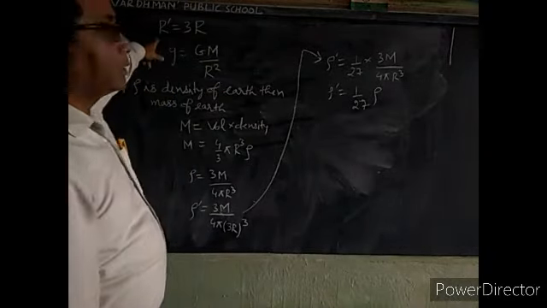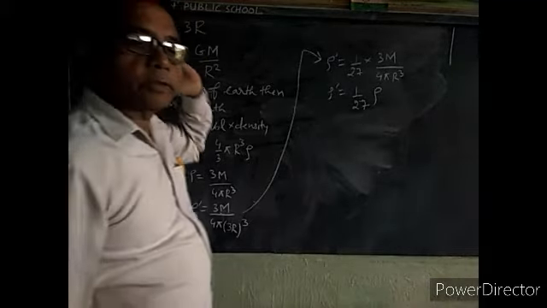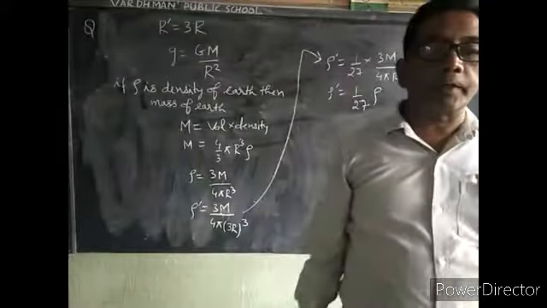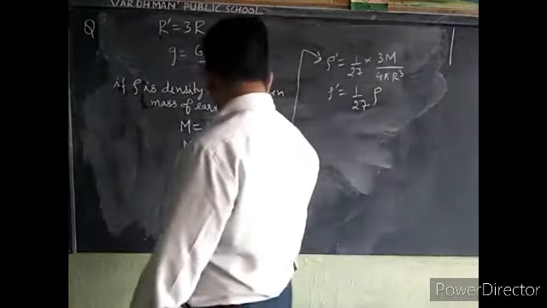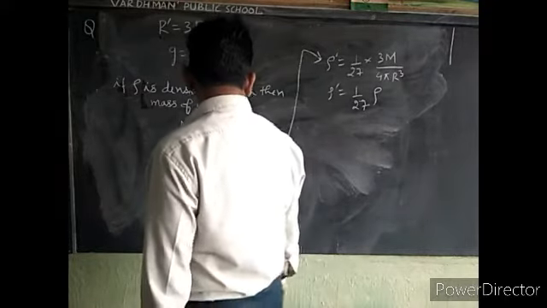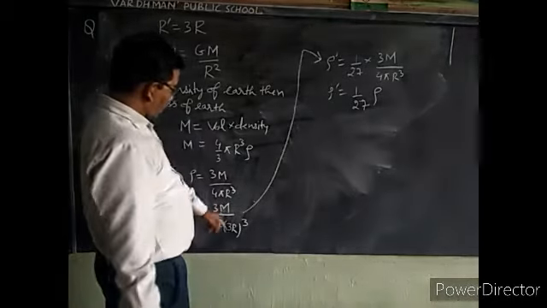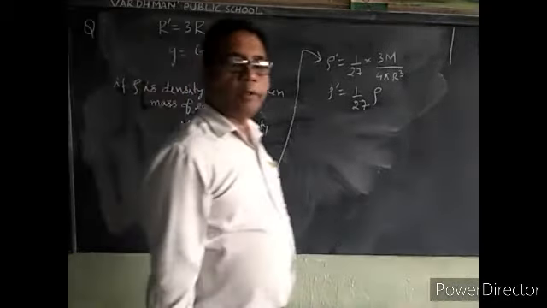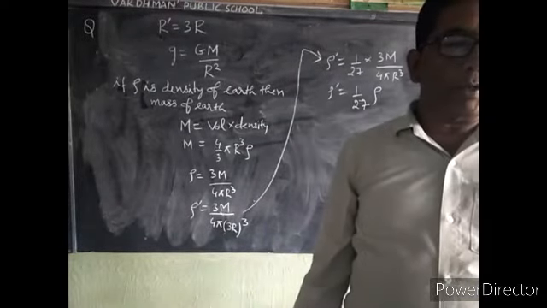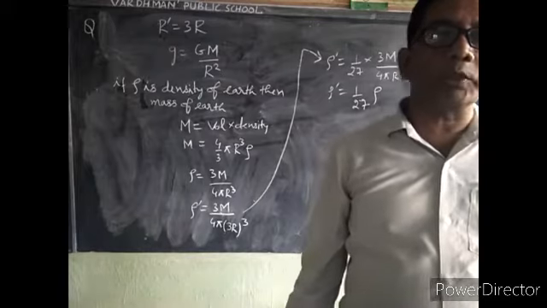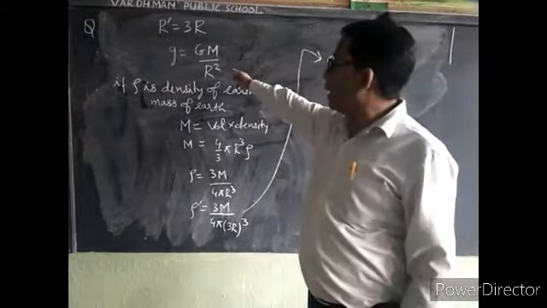Now the new radius is 3 times. If the radius of the earth were increased by a factor of 3, by what factor would the density have to be changed if g remains the same? We know g is equal to GM upon r square.